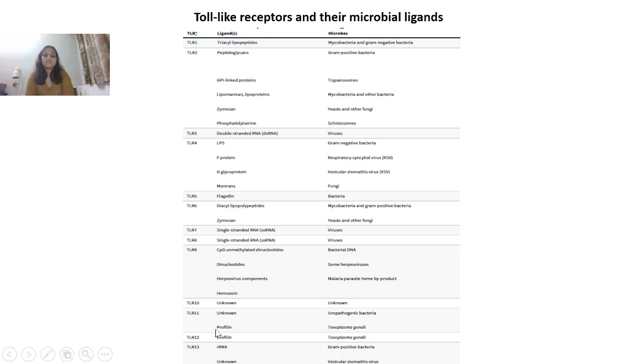TLR11 recognizes profilin from Toxoplasma gondii. TLR12 is the same. TLR13 recognizes rRNA from gram-positive bacteria.